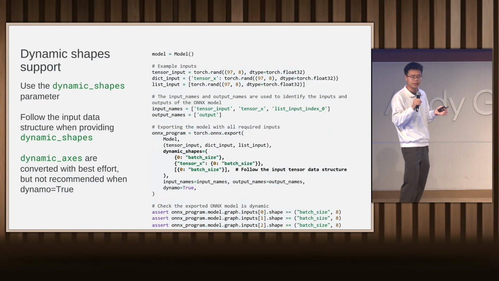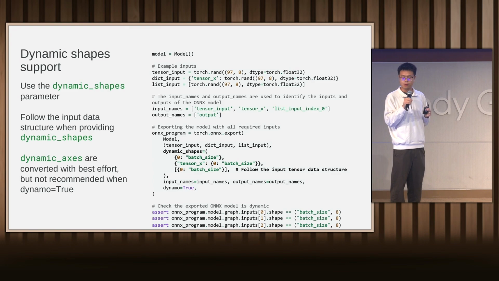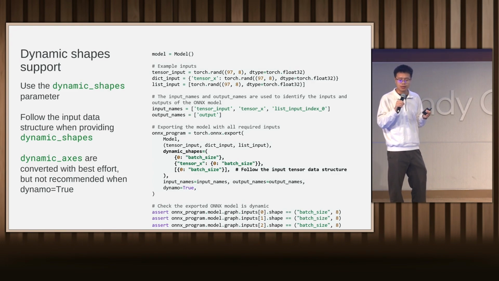Next, we have dynamic shape support. With the adoption of torch.export, what becomes needed is a new way to represent dynamic shapes, because that is how the internals of torch.export expect this information. The dynamic_shapes is a new parameter on torch.onnx.export that's slightly different from the dynamic_axes option that we used to have.